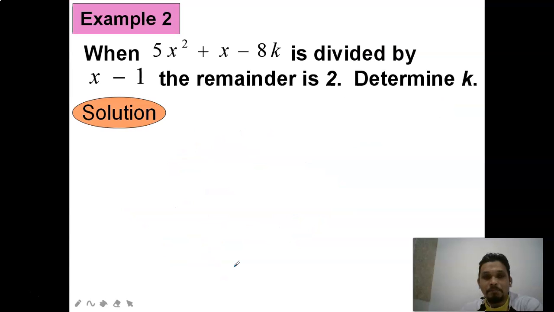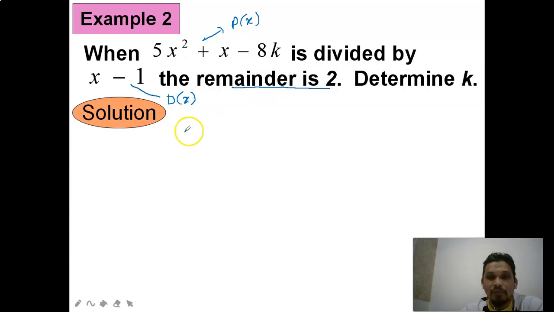Now, when this polynomial p(x) equals 5x squared plus x minus 8k is divided by x minus 1, the remainder is 2. Determine k. So p(1) equals the remainder, which equals 2.